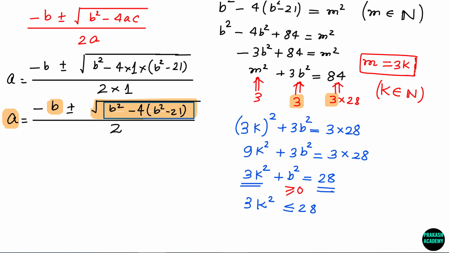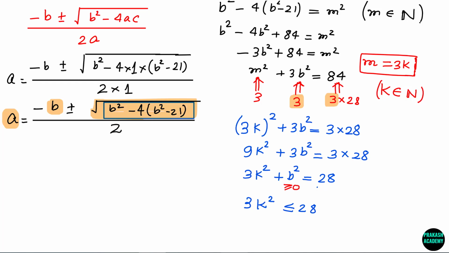This means 3k square itself is smaller than 28. If I do not add something that is a positive number, then 3k square will be less than 28. So this is a consequence of the fact that b square is greater than or equal to 0.